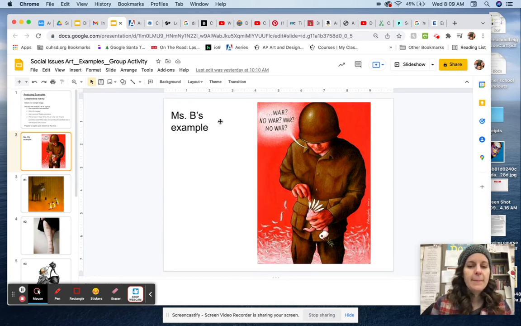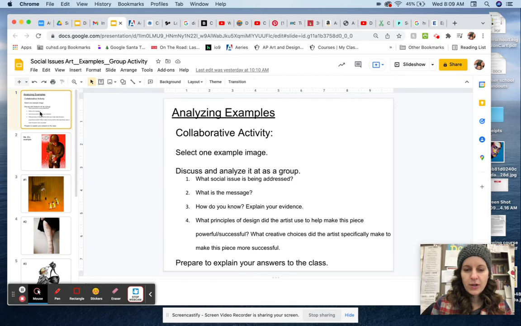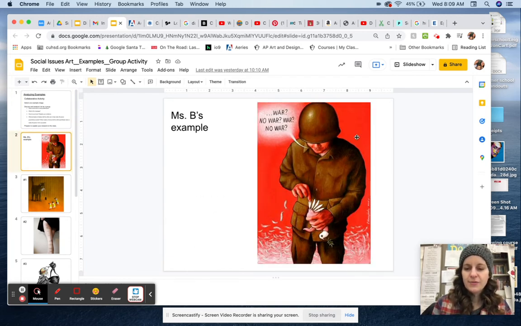Now, in terms of a couple of these other questions, like what principles of design they used and what creative choices the artist made, I would like to focus on the use of the dove and the soldier picking out the feathers. I think this was a creative, clever little choice that the artist made because a dove is a symbol of peace.